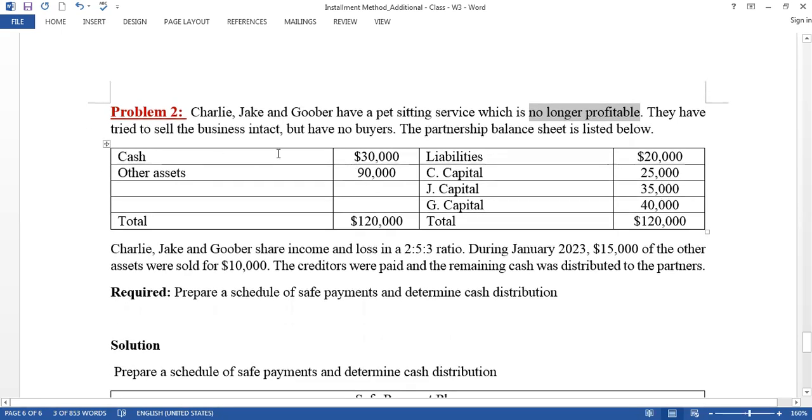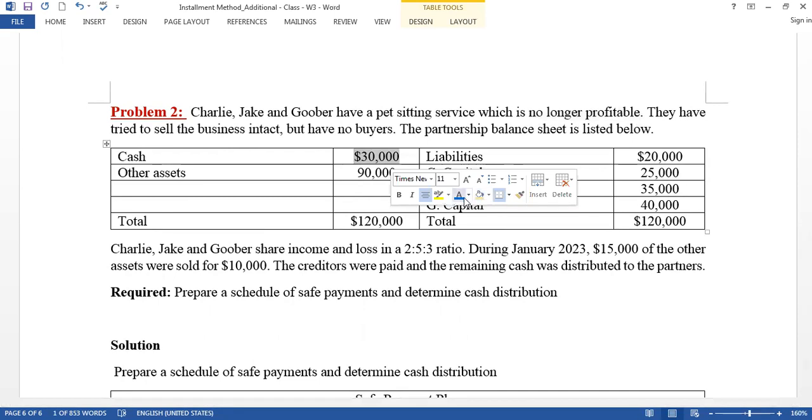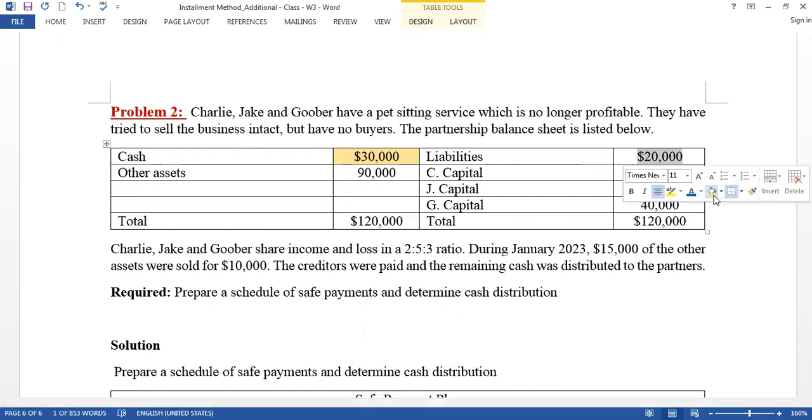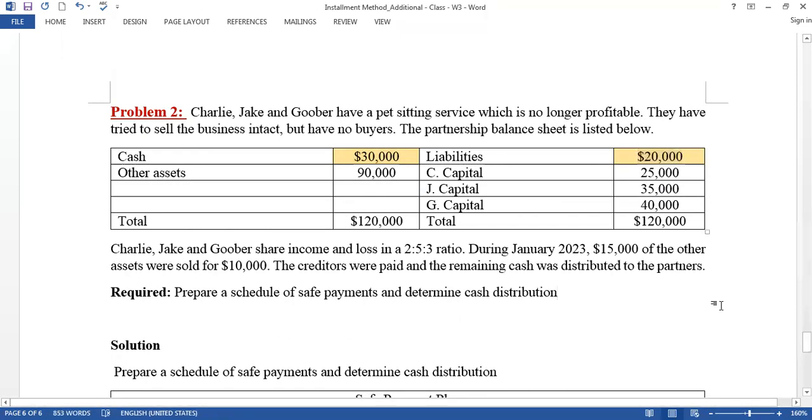Now, according to this question, they have cash of $30,000, and their liability is $20,000. Good news, right? So they have enough cash to pay the liabilities. And the other asset is $90,000, and the total is 120.